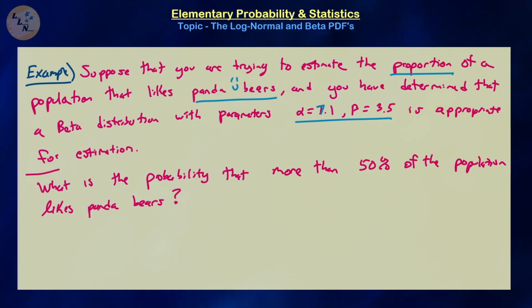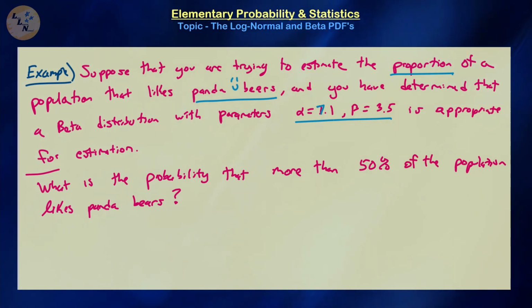So since this 7.1 is bigger than the beta value of 3.5, this is going to be a skewed left distribution. So that means if this is true, more people will like panda bears than those that will not, at least in terms of likelihood, if you were to select a simple random sample or individual.